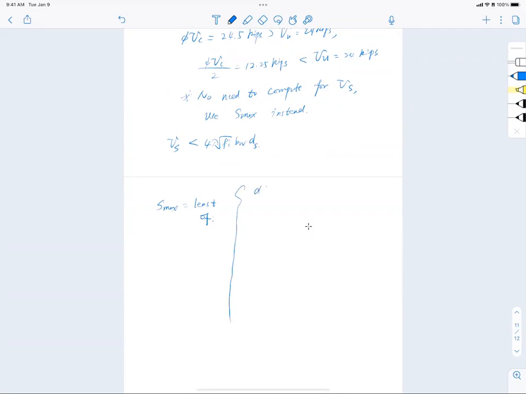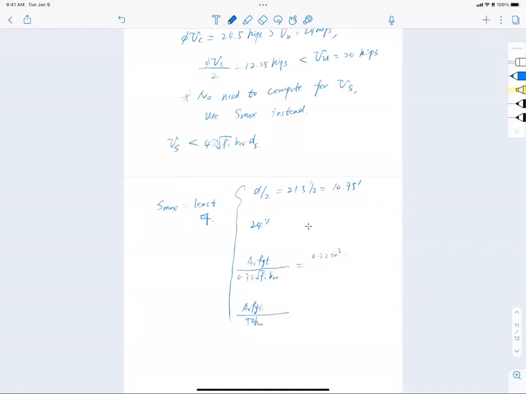First, d over 2, at least half of the spacing satisfied. d over 2 is 21.5 inch divided by 2, which gives me 10.75 inch of spacing, or 24 inch, or Av fyt divided by 0.75 square root f'c bw, or Av fyt divided by 50 bw. So this number right here is 0.22 inch squared.